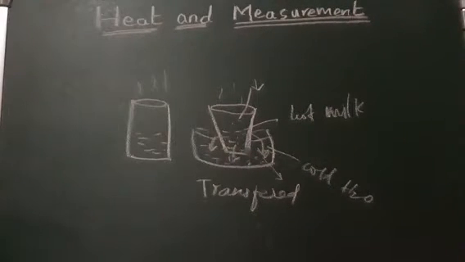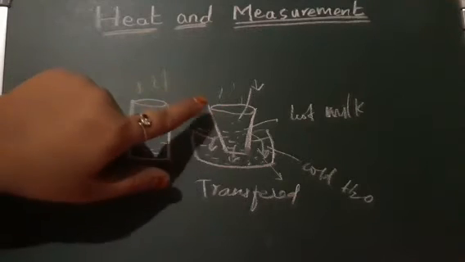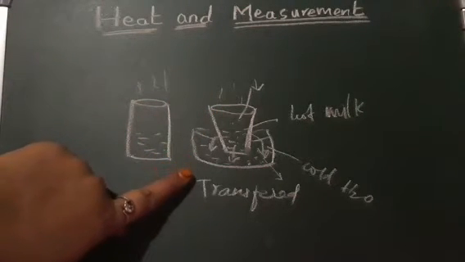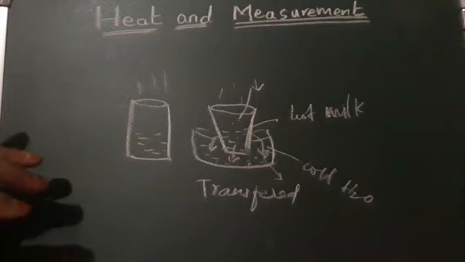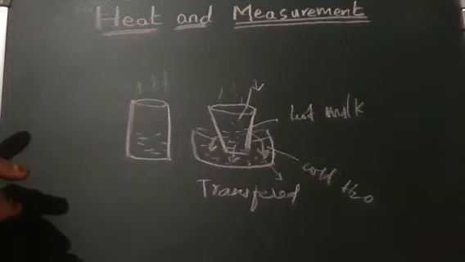So if you want to know what is the temperature of the hot milk and what is the temperature of the cold water, how are we going to measure? How are we going to know? This is known just by the thermometer.